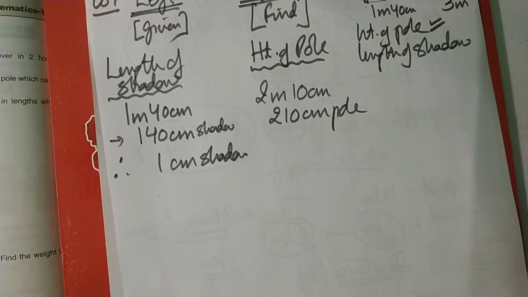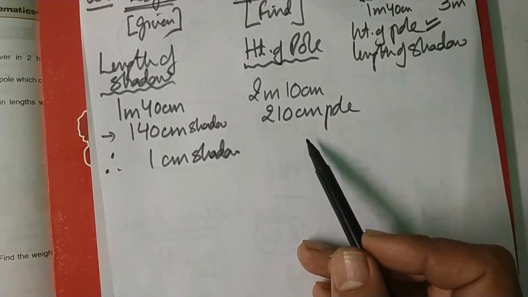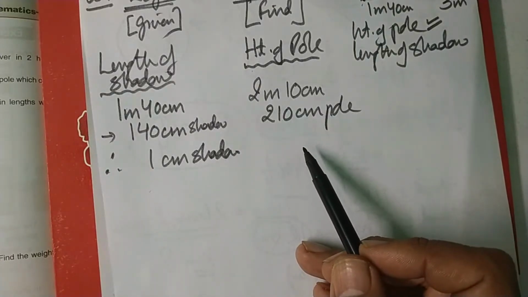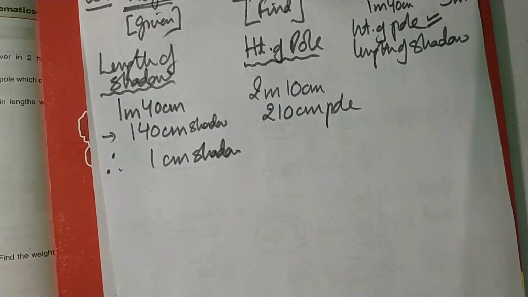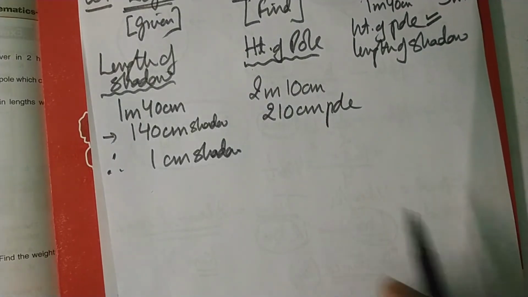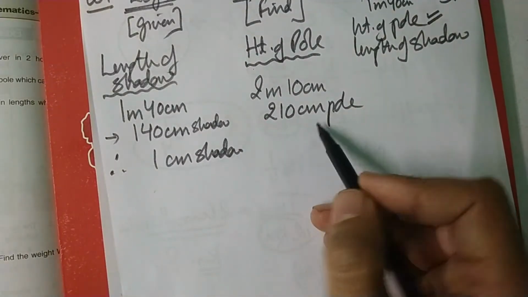If the shadow is small, should the pole be smaller or bigger? Yes, it should be small. Therefore a 1 centimeter shadow will need a smaller pole.